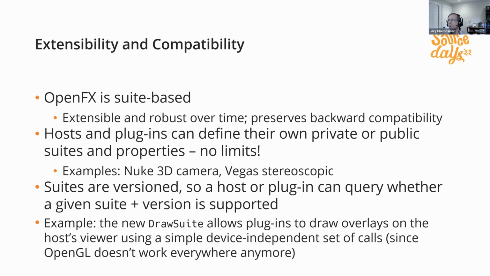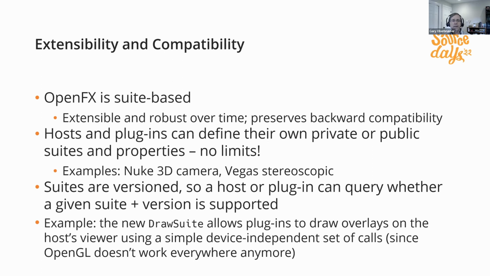So you never have to worry about whether your plugin is on this compiler version and the host is on that compiler version. I mean, obviously you do when you're talking about major ABI changes or 64-bit, 32-bit, but the standard shouldn't get in your way for those things.